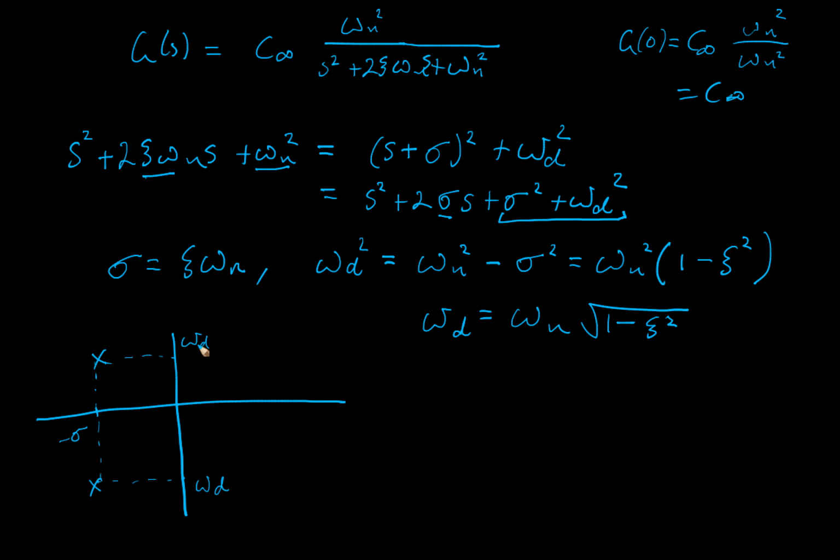If we have omega d here and sigma here, then the magnitude of this vector is going to be the square root of omega d squared plus sigma squared. But that's exactly what omega n is, right? So we've got omega n squared equals sigma squared plus omega d squared. So this magnitude here is actually omega n.